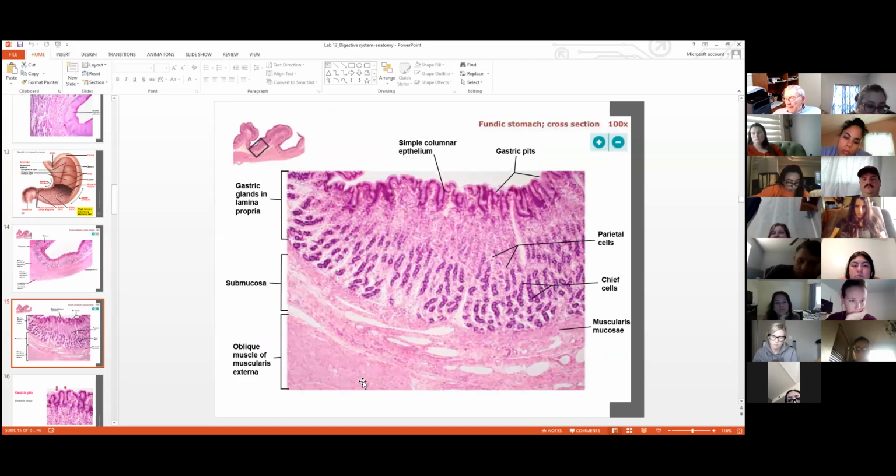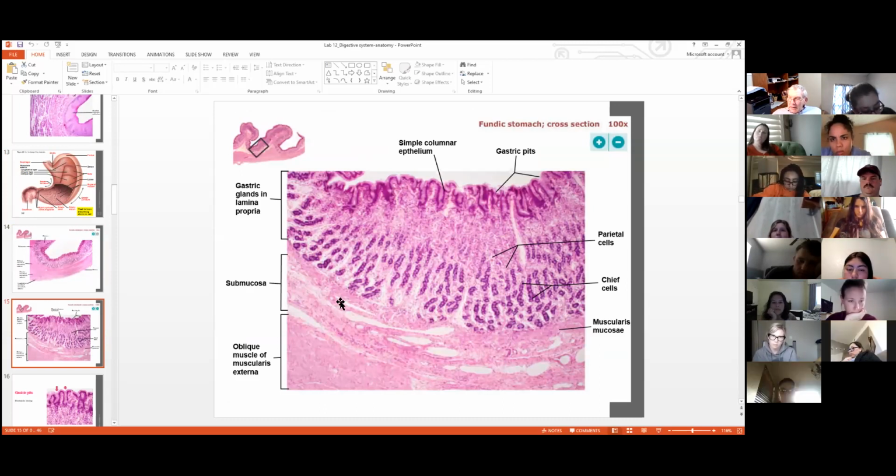This is the little thin layer of muscle right here that we've talked about that we're not going to worry about. So any labeling of this layer beneath the mucosa is going to be submucosa and not muscularis. We'll only deal with the thick muscle layer that's down below.